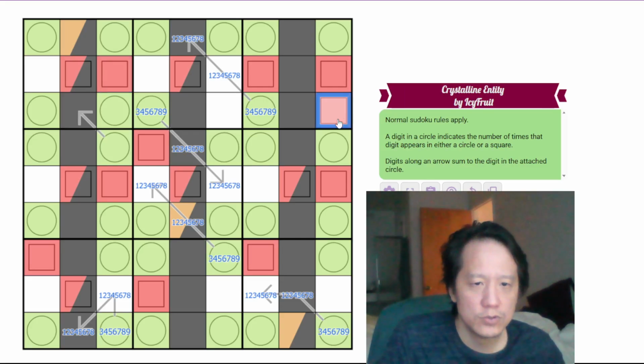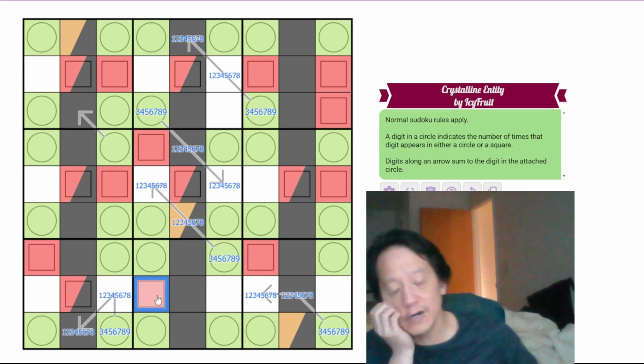2. Interesting. So 1 out of these 3. It could be 1, 2. It cannot be either of these. 3, 4, 5 possible ones.